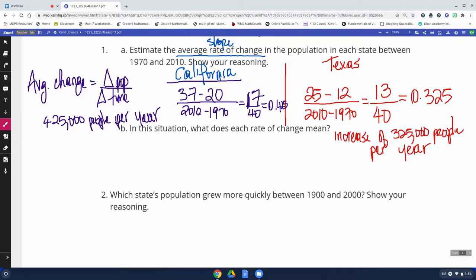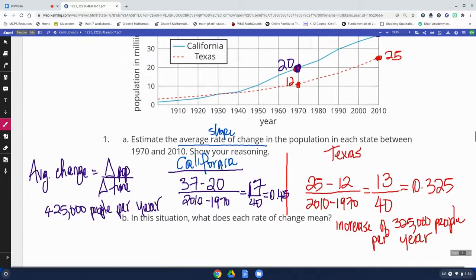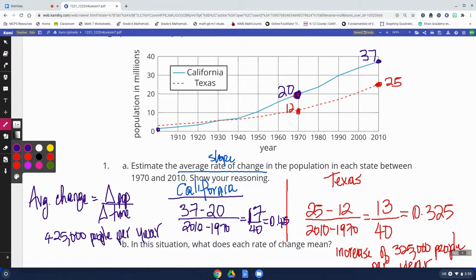Which state's population grew more quickly between 1900 and 2000? All right, so let's look. California in 1900 was right here. 2000, it's right here.